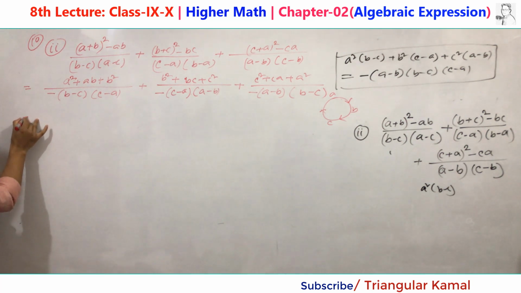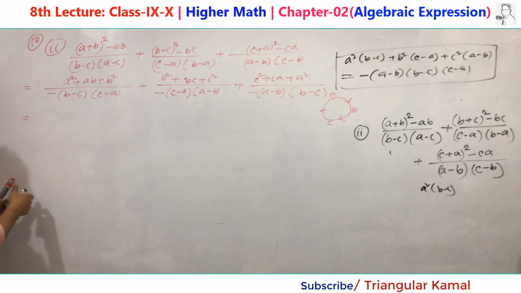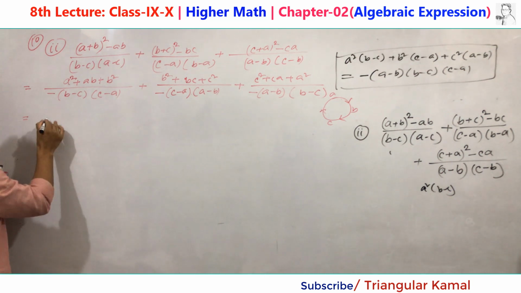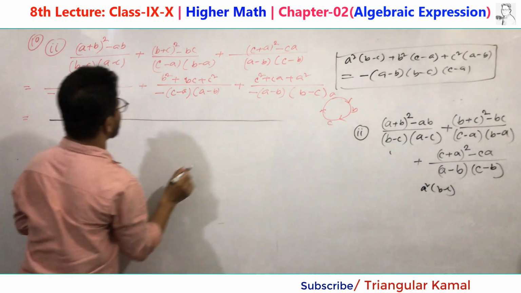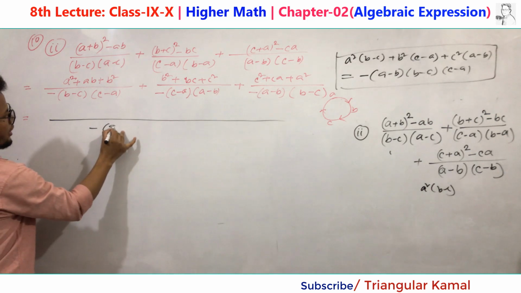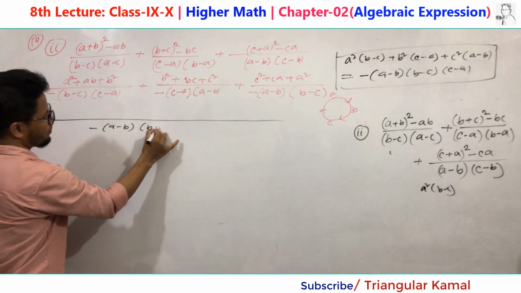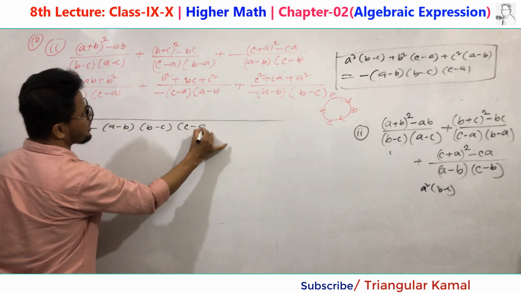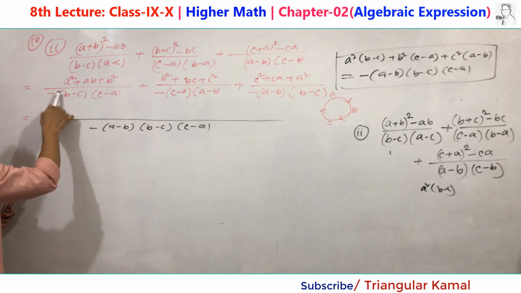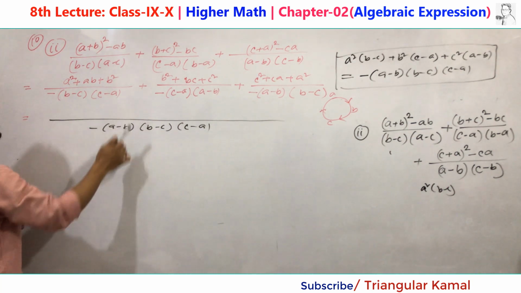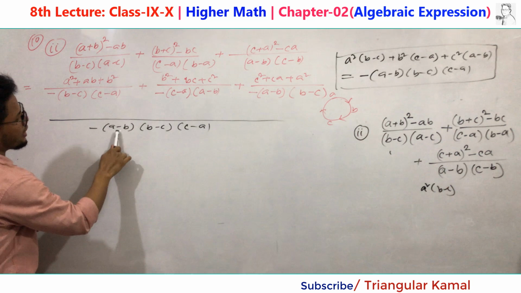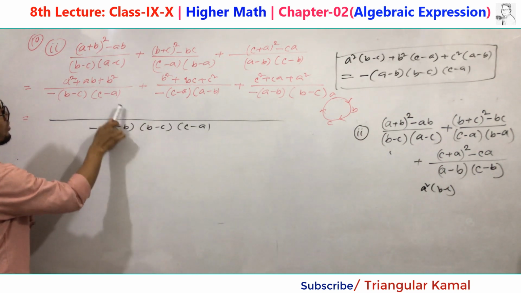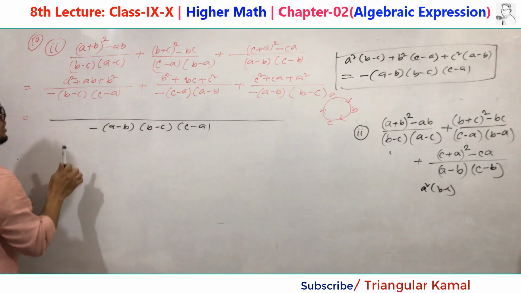Now take the LCM here. This one will be minus (a minus b)(b minus c)(c minus a). After doing the division, only one factor will remain. This one will eliminate this one, and this one will eliminate this one.